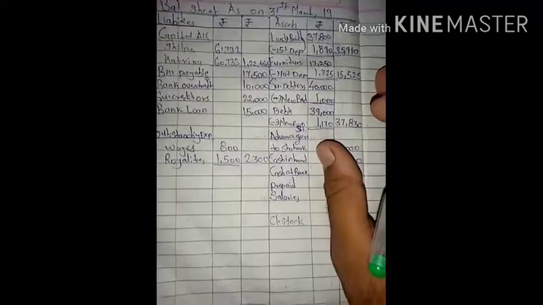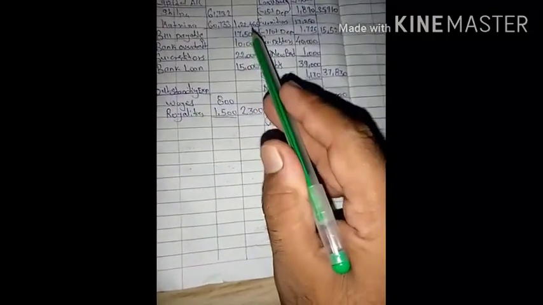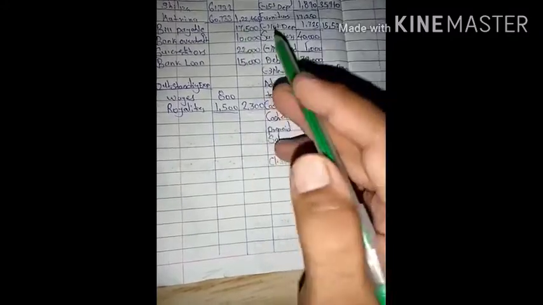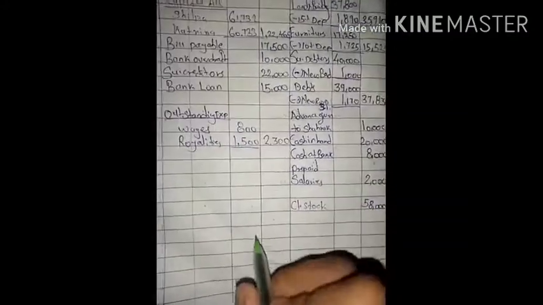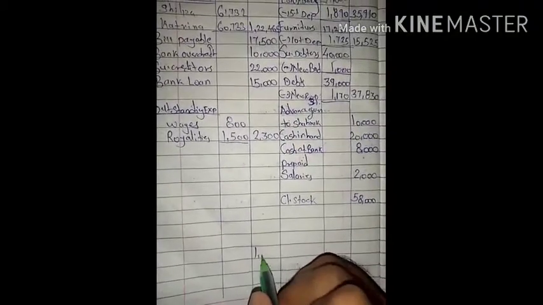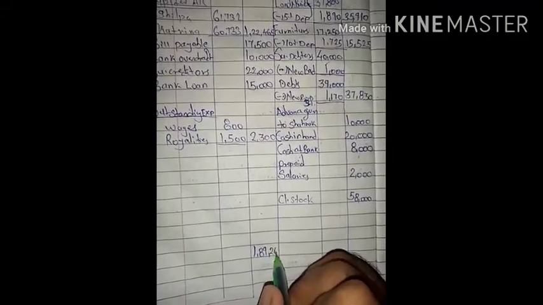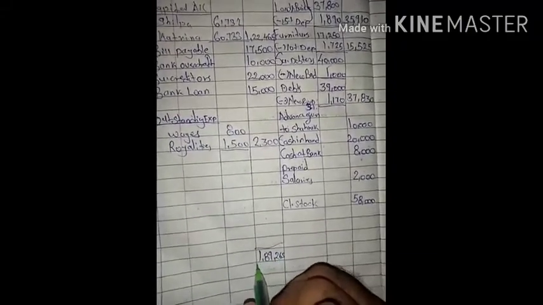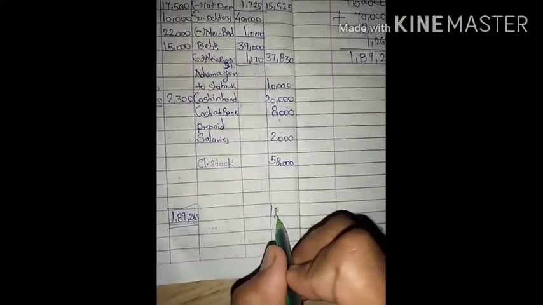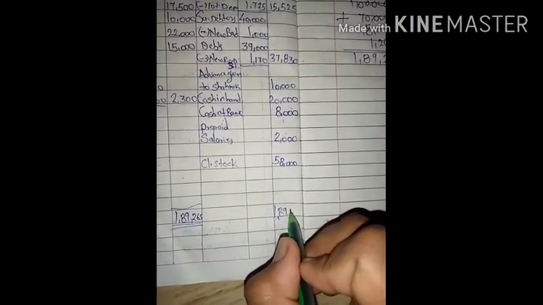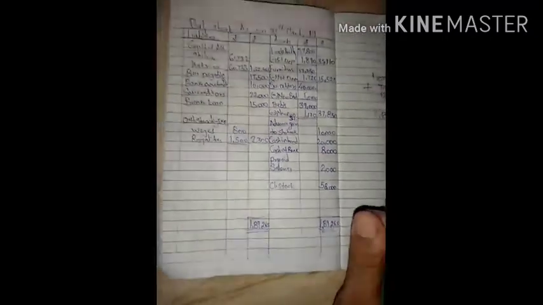Now we are going to tally this account. We found 1,89,265. You can find it by the total, 1,89,265. Finally we finish this sum.